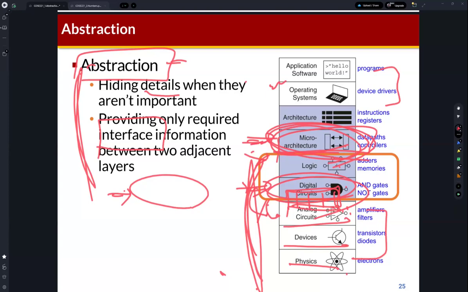Sometimes if a certain layer is integrated, then we can improve the performance dramatically. It is because a system is divided and we cannot get globally optimized performance or globally optimized cost. So this is a disadvantage of abstraction.